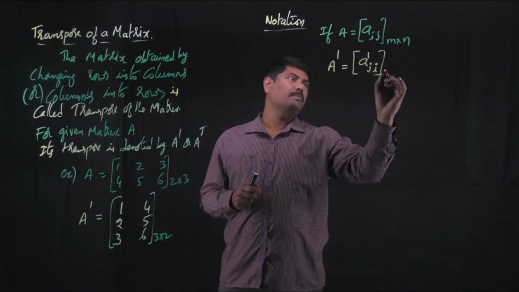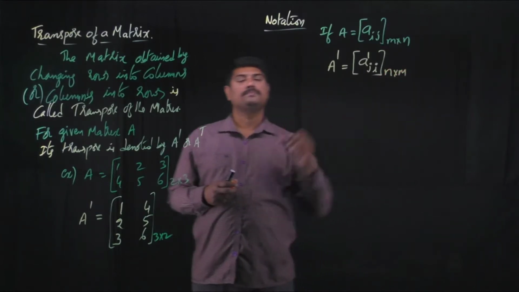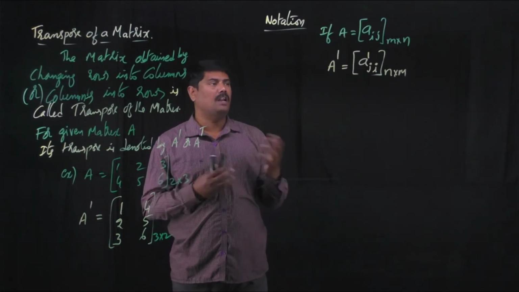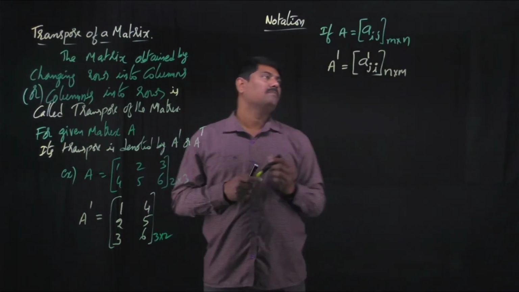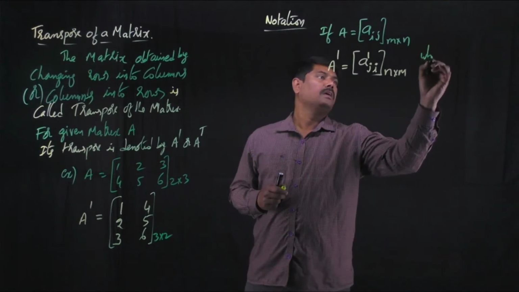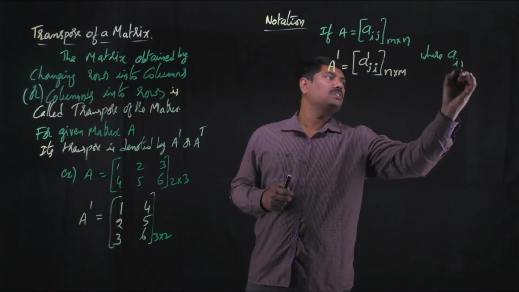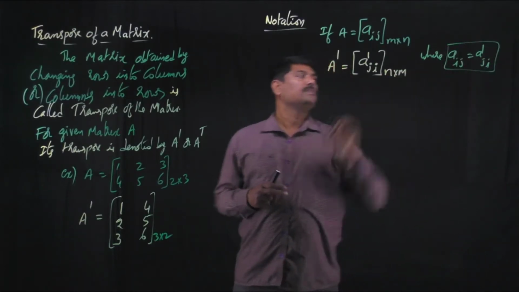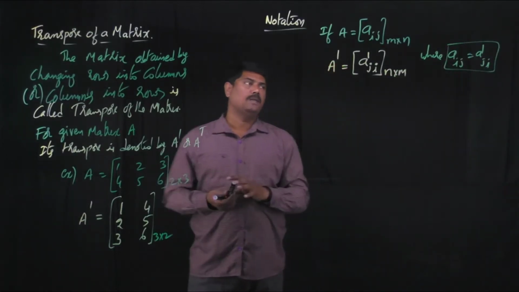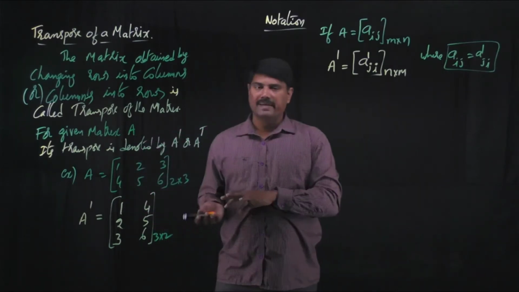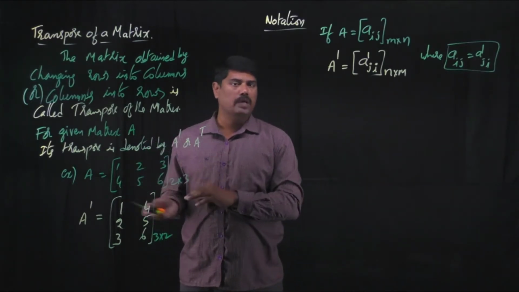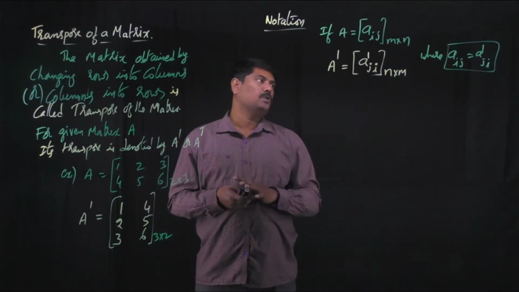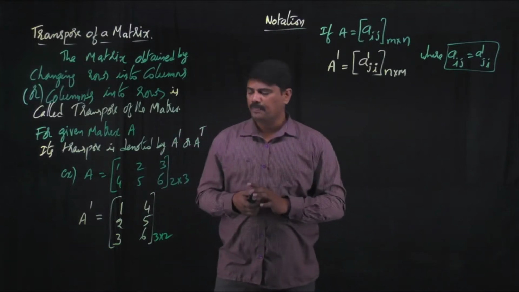The m by n order becomes n by m order. The number of rows becomes the number of columns and the number of columns becomes the number of rows. Here you can observe A ij and A dash ji are the same elements. Elements reverse their positions; it is not to obtain new elements. With the same elements, their positions interchange. Such a process is said to be the transpose of the matrix.